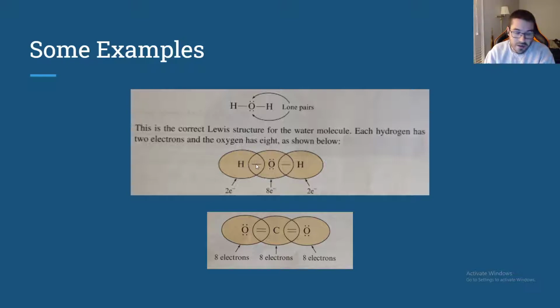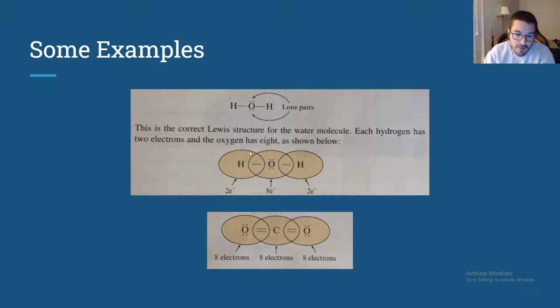I'm going to go into more detail on this in the problem-solving video, but I figured it'd be useful to bring that up now. So these are the lone pairs that reside on the oxygen, and then these are the bonding pairs, the lines between oxygen and hydrogen. Those lines represent 2 electrons that are shared between these 2 atoms.